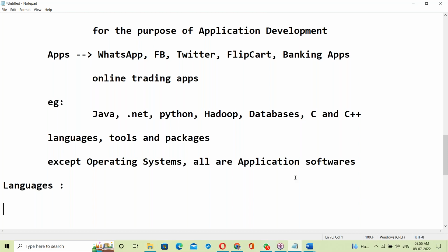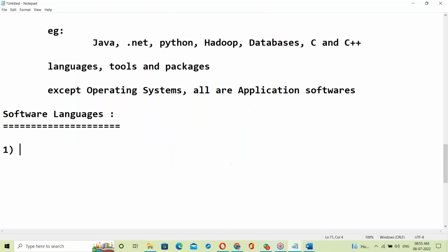Now come to software languages. What are the languages in software? In software, the computer understands some language. So there is computer understandable language, and next, user understandable language.